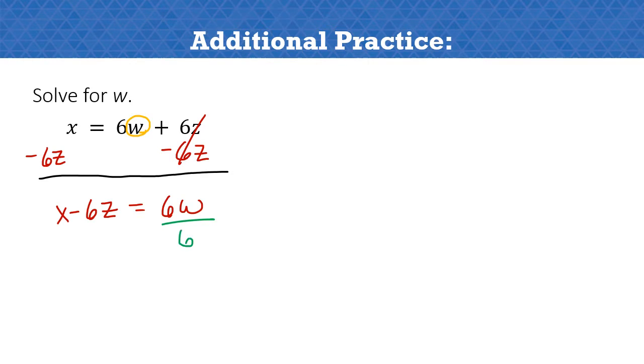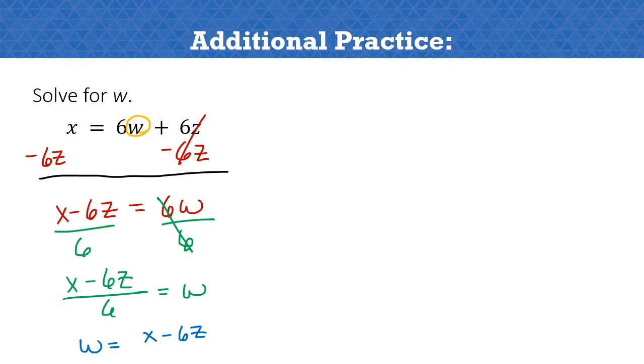Divide both sides by 6. So we have x minus 6z over 6 is equal to w, or if we rearrange it, w is equal to x minus 6z over 6. And we have solved for w.